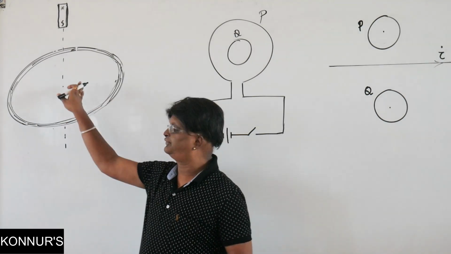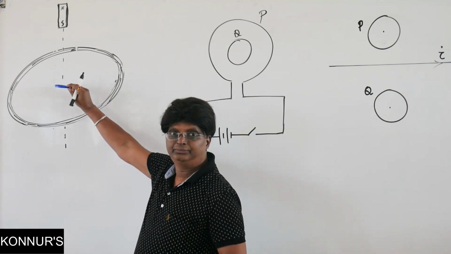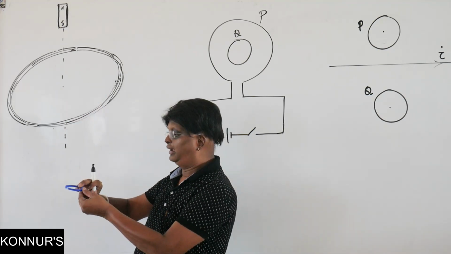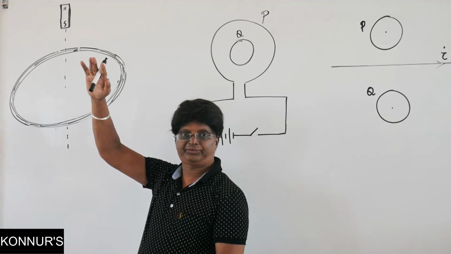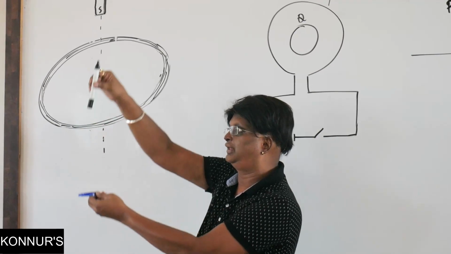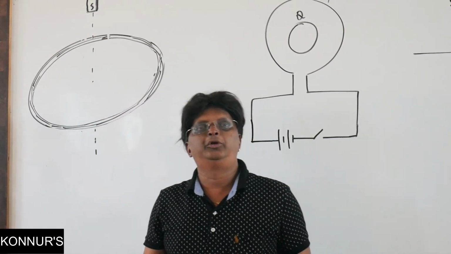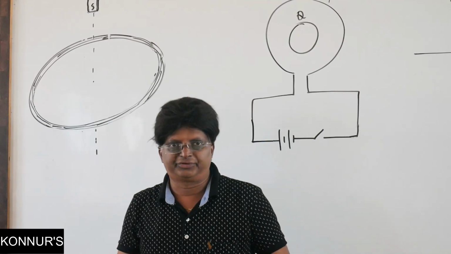He says it's a ring like this, held in the horizontal plane, and a magnet like this is now allowed to fall along its axial line. Now the question can be wide open with different types of options.